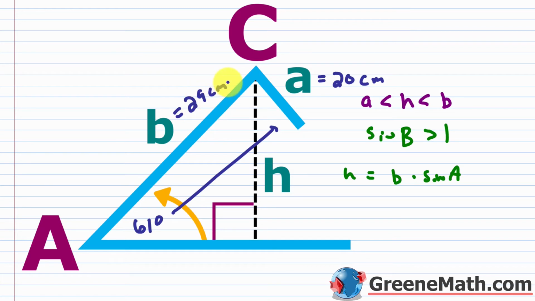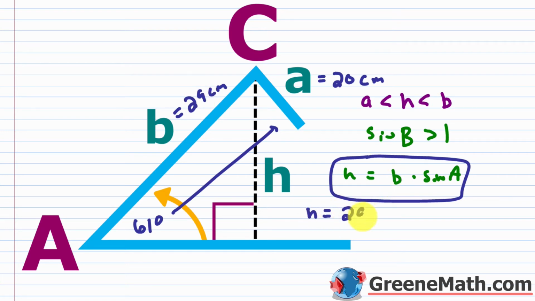So again, one way you can prove that there's no such triangle, you can basically plug into this guy right here, and you could say, okay, is h falling into this category? Is it greater than a and less than b? If it is, you can stop and say no such triangle, okay? So basically, I'm going to have b here, which is going to be 29 centimeters, so h is equal to 29 centimeters times the sine of A, so the sine of 61 degrees. So this is going to be an approximation.